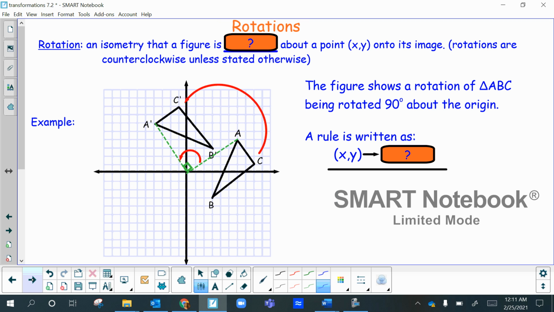This one right here is going to be more challenging, the rotations. So a rotation is an isometry in which a figure is rotated x degrees about a point, which will map its x, y onto its image. Rotations are counterclockwise unless stated otherwise. So in this figure here, we have triangle ABC, and it's rotating 90 degrees counterclockwise.